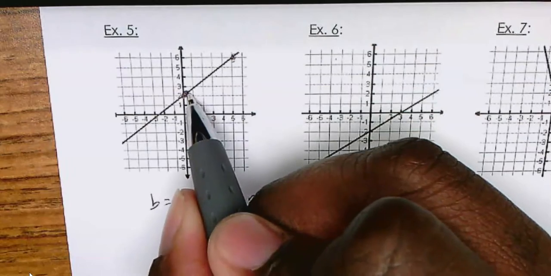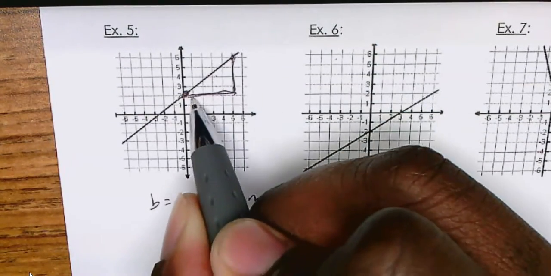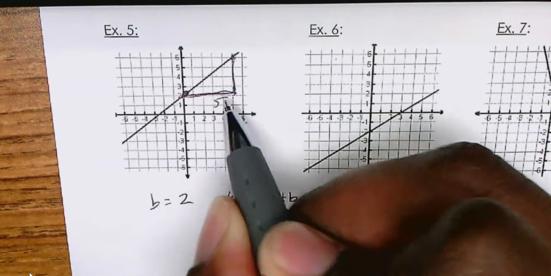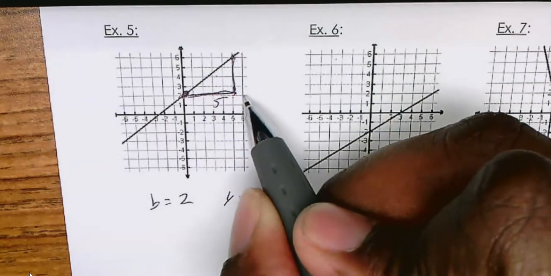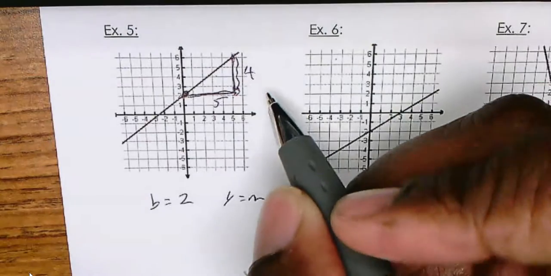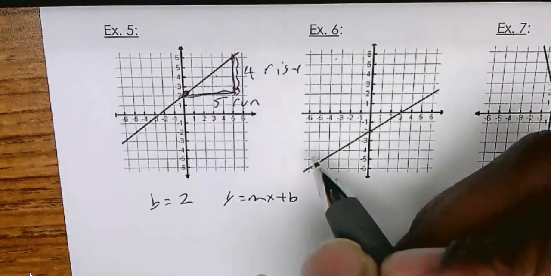So if I go over and up, I'll go over 1, 2, 3, 4, 5. So 5 to the right, so that's positive. And up 1, 2, 3, 4, so up 4. So I've got my rise and my run in the x direction.